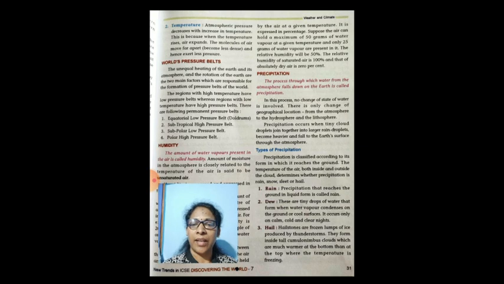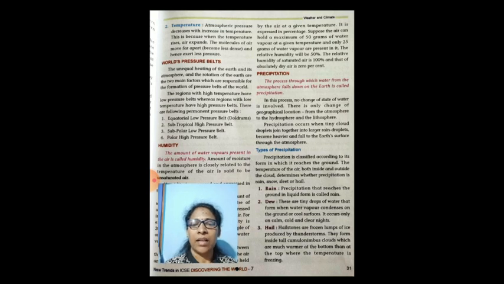The first, rain, which comes directly and reaches the ground in liquid form, is called rain. Second, dew. These are tiny droplets of water that form when water vapor condenses on the ground or cool surfaces. It occurs only on calm, cold and clear nights.